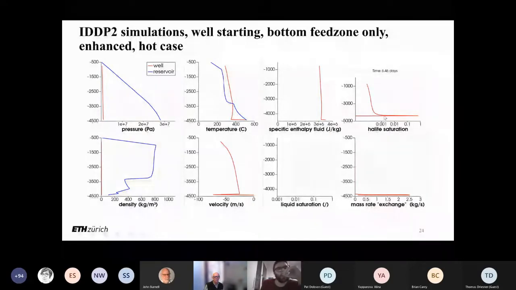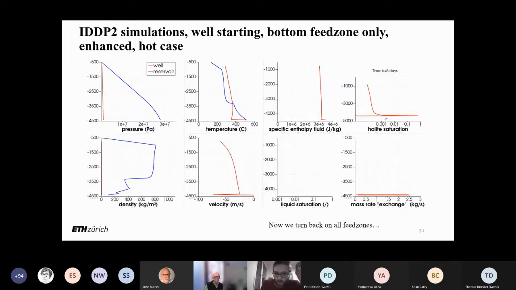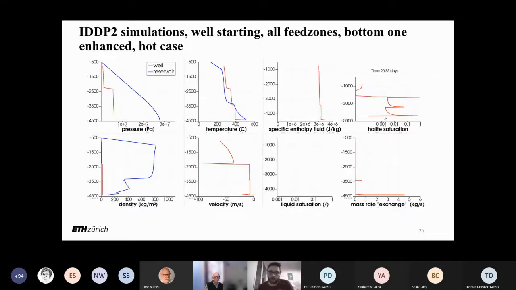So then I looked at, okay, what if we had this enhanced bottom feed zone, and we also allow flow from the above feed zones?